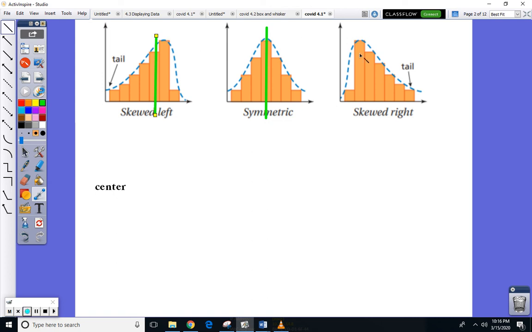Over here on skewed right, again, typically what you do is you find the highest bar, and then you go one spot over, and the mean and the median are going to be in there. So skewed left is going to have a higher median and mean than symmetric or skewed right. Skewed right will have the lowest of all of them. Symmetric will be in the middle. And that's typically how this works.